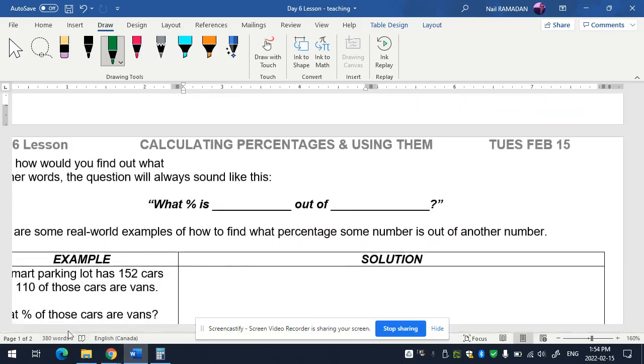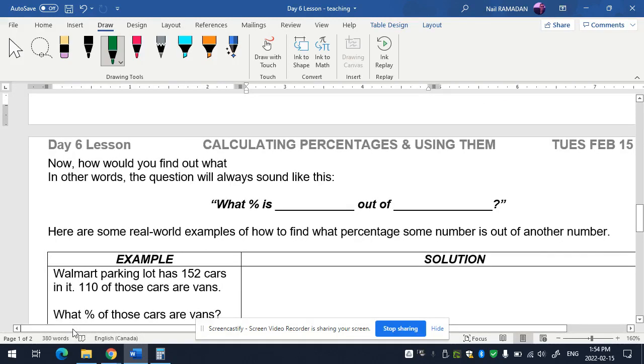So now we're going to do the opposite. I want you to tell me what the percentage is. Oh, sorry. It should say here. Now, how would you find out what the percentage is? Okay, everyone. So finish this sentence right here: what the percentage, just the percentage sign, is.